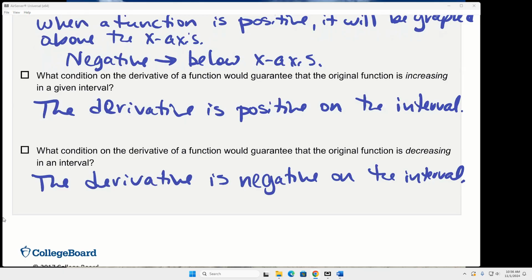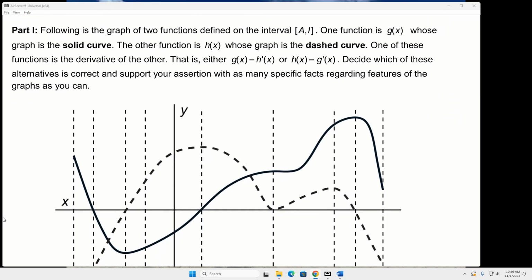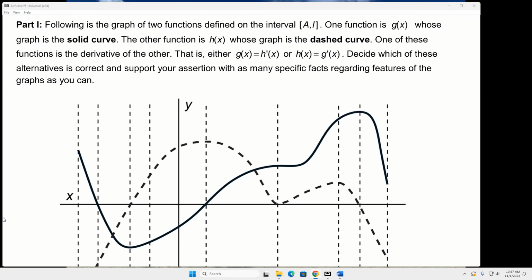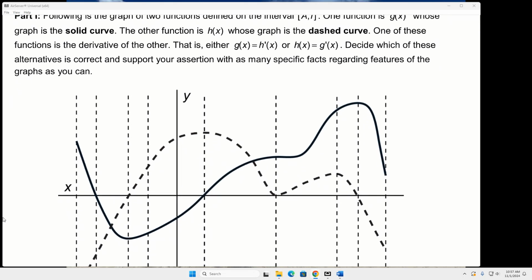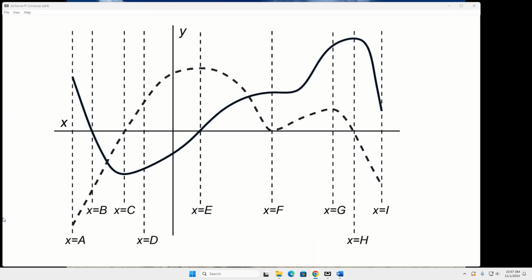And then the next one, we have two graphs. One of them is the solid curve, one of them is the dashed curve. One of these is going to be g, and one of them is going to be the derivative of g. All right, so look at those two.